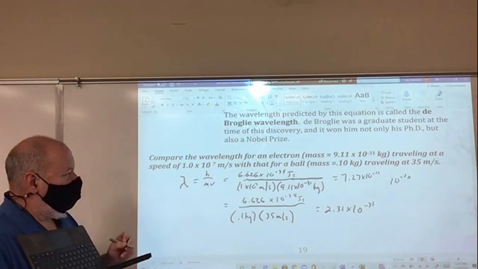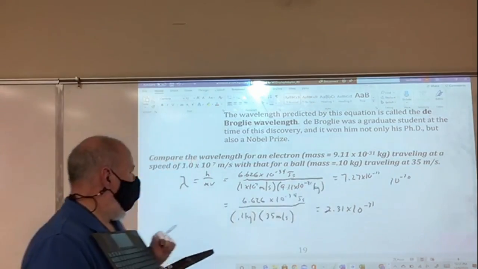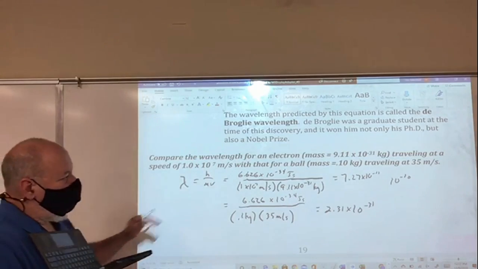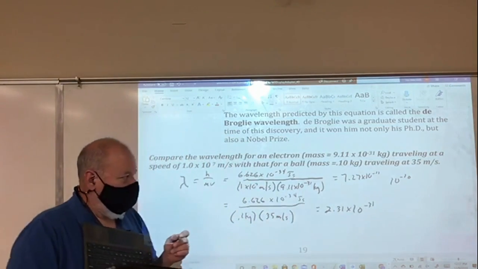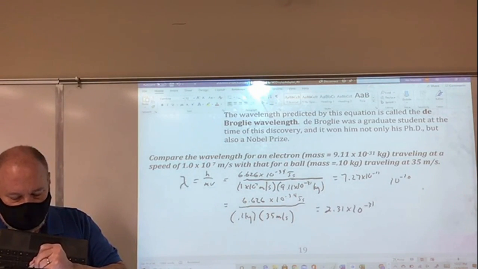Okay, and so for the electron, notice the wavelength is about 10 to the negative 10th. That's a little bit smaller than nanometers. Nanometers are billionths of a meter, right?